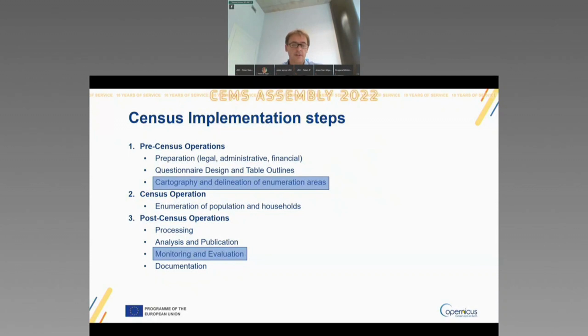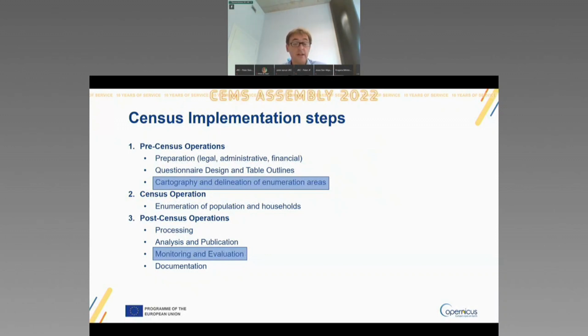So it's really one of the biggest exercises that the country is performing. Consequently, it usually takes more than 5 years to prepare a census. After this legal administrative framework is set, then the questions need to be designed, and also, what is very important, the cartography and the delineation of the census, because most of the time there's really people sent into the field to talk to each and every single household.